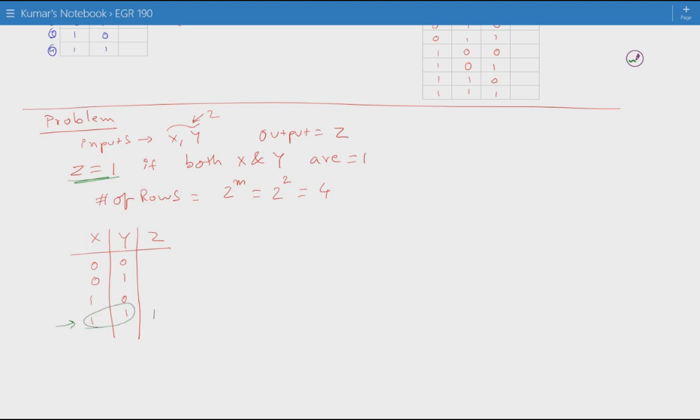And if Z equals 1 only in this cell, what would be the remaining values? Since it is binary, it can only be 0 or 1, and we gave a condition for Z equal to 1. So obviously, the only other possible value is that Z is going to be 0. This is how you fill a simple truth table for a digital circuit.